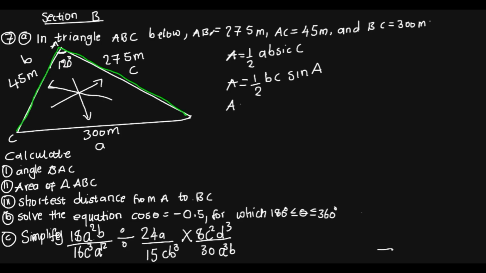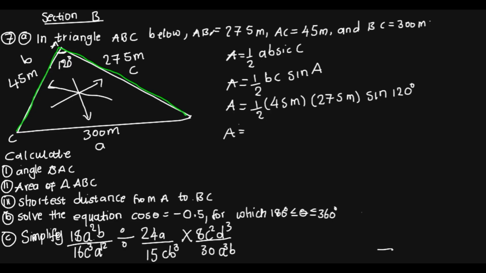So let's now find the actual answer. Half, distance b is 45 meters, then distance c is 275 meters, sin of the angle, which is 120.